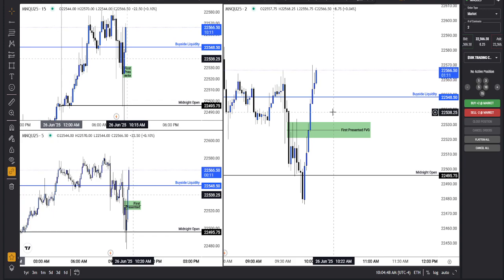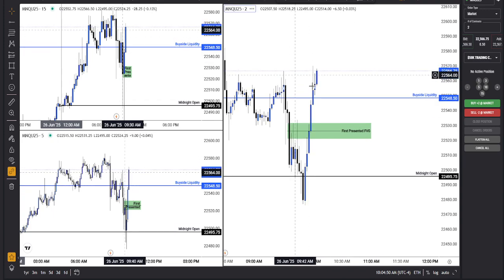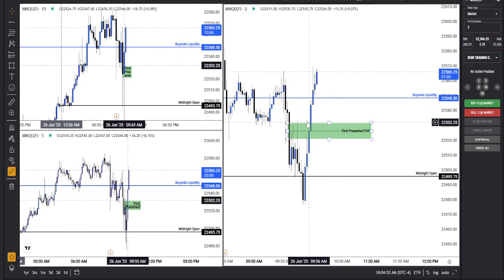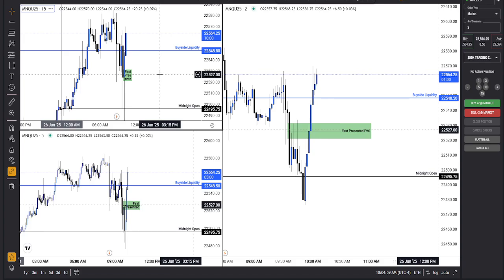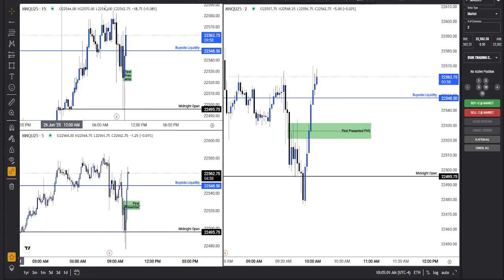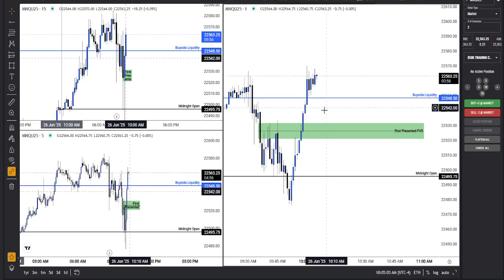Okay, the draw on liquidity is a little higher. But I'm looking at these fair value gaps. This could be a breakaway, or it might trade into that one. I'm not sure. Trying to see if there's gonna be any pullbacks into any of these.